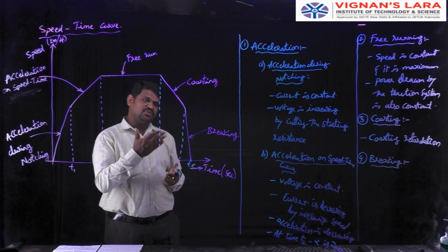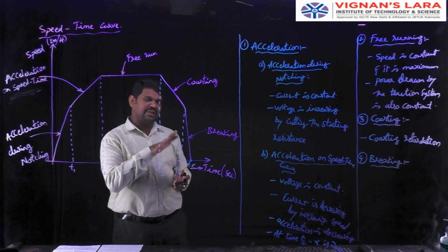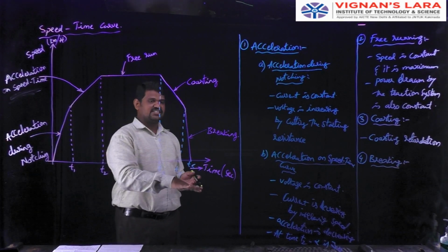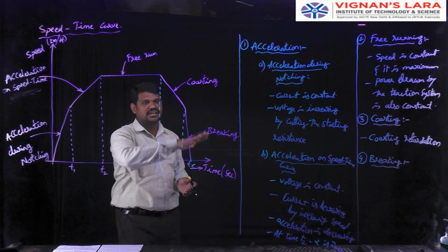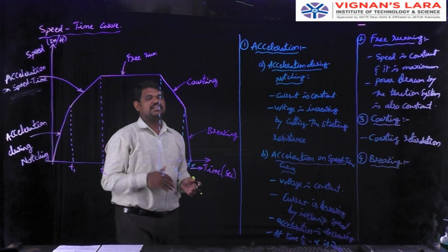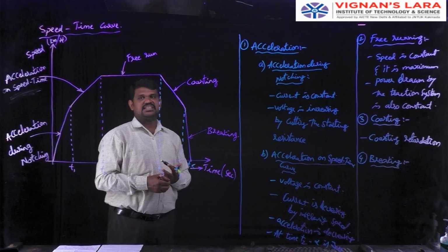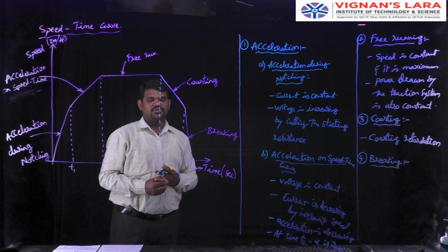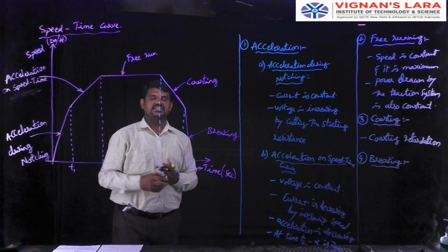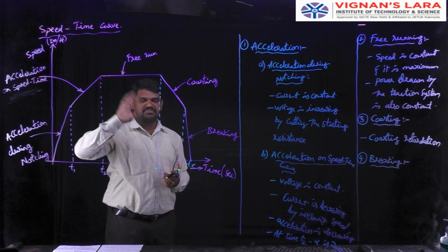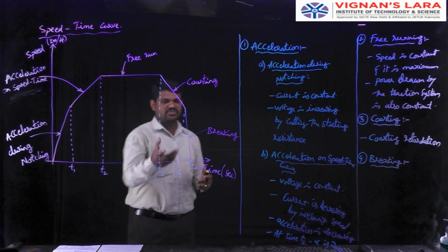If you want to generate electrical energy in the braking system and give that energy to the supply, then that is called regenerative braking. Different types of braking systems are there, and we can use any one.